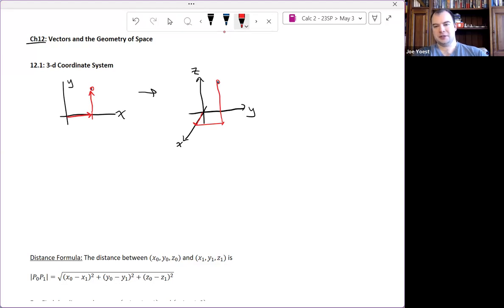So we go along X, we turn and go parallel to Y, and then we go up to get to the correct height. So for instance, if this was (3, 2, 4), representing the X, Y, and Z coordinates, we would go out to 3 on X. We would turn and go 2 units parallel to Y. I don't know why OneNote always loves to turn my 4s into 9s.